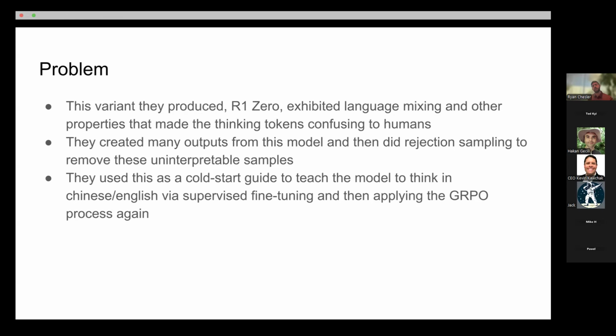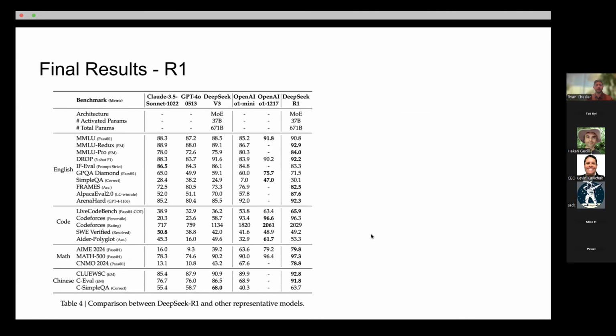Remove all of the ones that are bad and train from that to start, and then do the reinforcement learning process. Now it's already started with a valid thinking process in place, and they've removed all of the bad ones where it's mixing languages and got other problems in its thought process. So now they do another loop of this and they get the final R1.